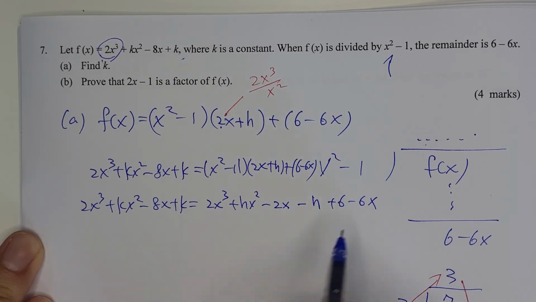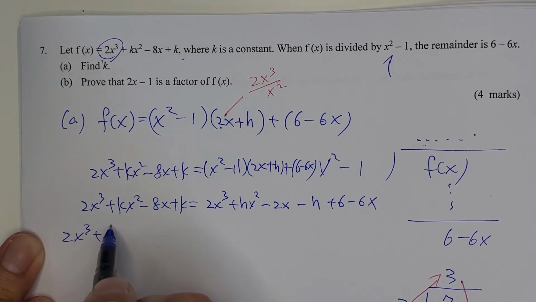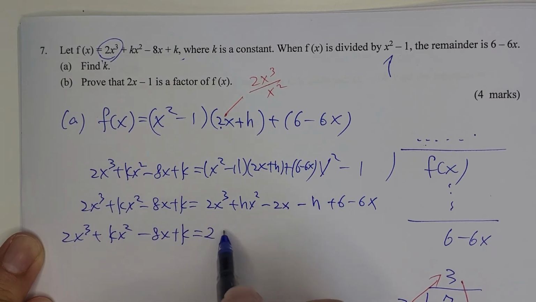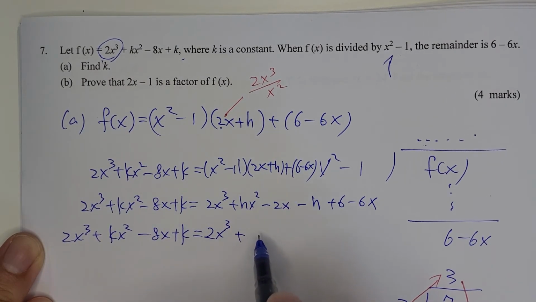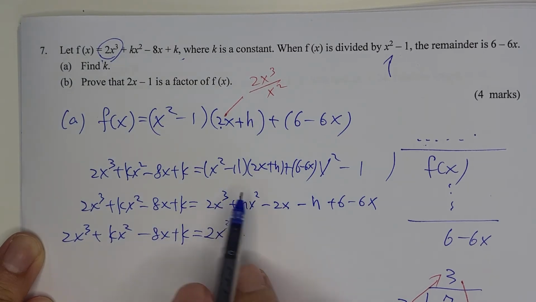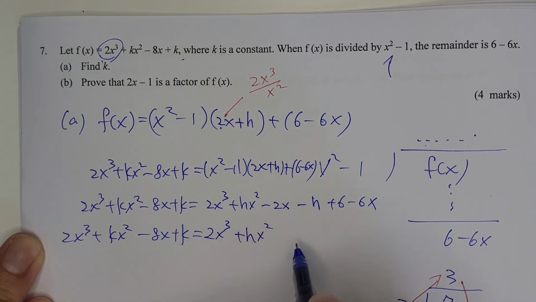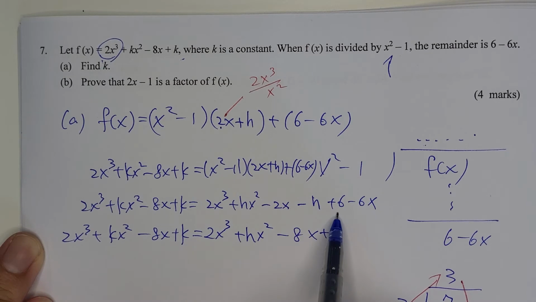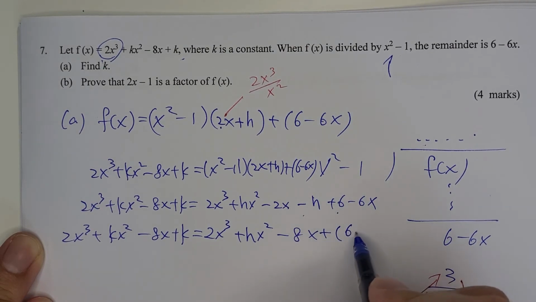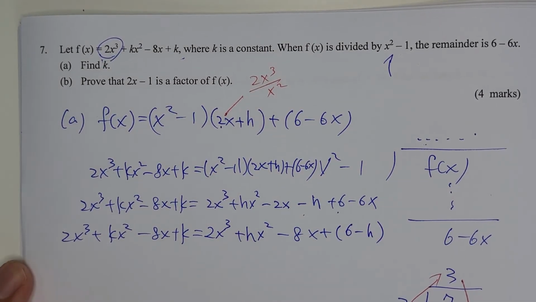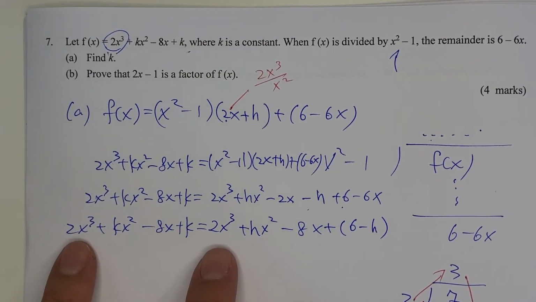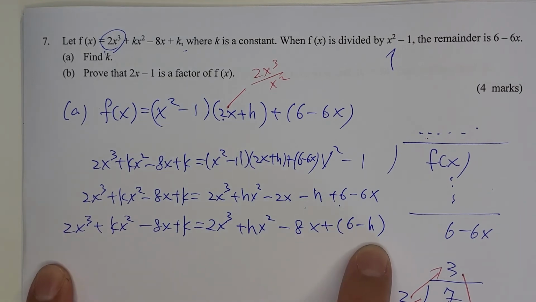So group the like terms together: 2x cubed plus kx squared minus 8x plus k equals 2x cubed plus hx squared minus 8x plus (6 minus h). You can compare the coefficients because you can treat it as an identity.